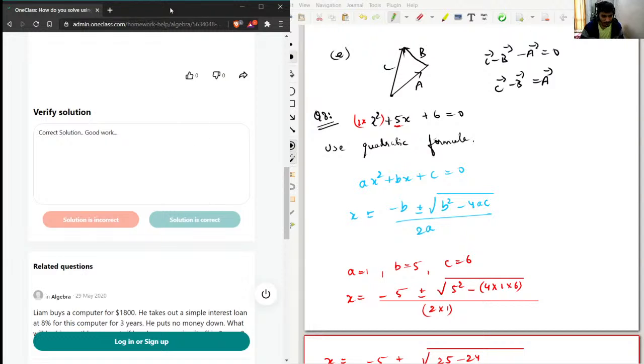So I'll just say that the solution is correct here, and I think that that is pretty much all.